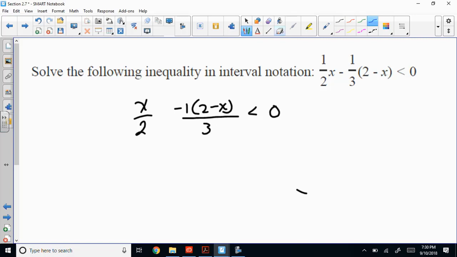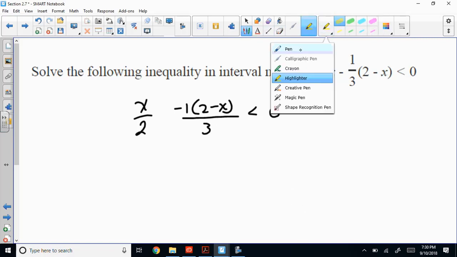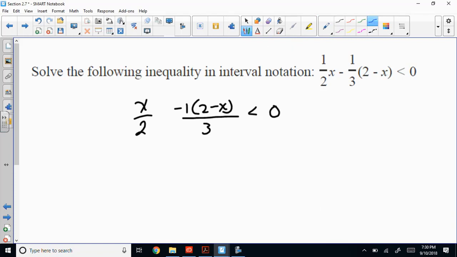You don't need to do it like that, but it's easier to see how to clear your fractions if it's like that. Basically all you do is negative 1/3 times all that. It just means all that's over 3, right?